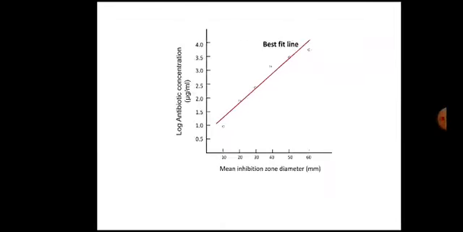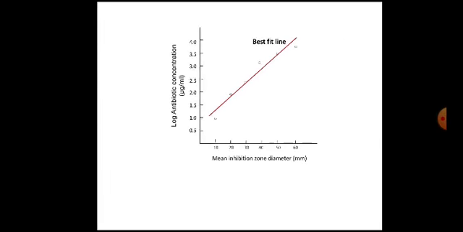So this is how this standard graph is useful for conversion of inhibition zone diameter readings into concentration. This is how we determine the concentration of antibiotic present in the given preparation.